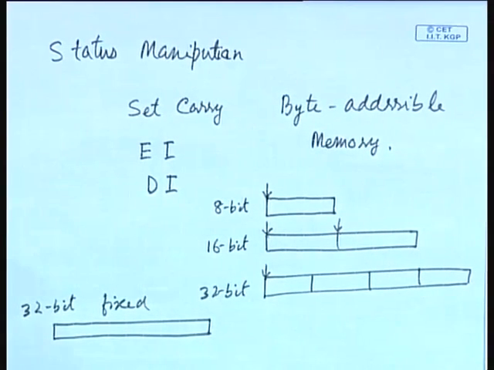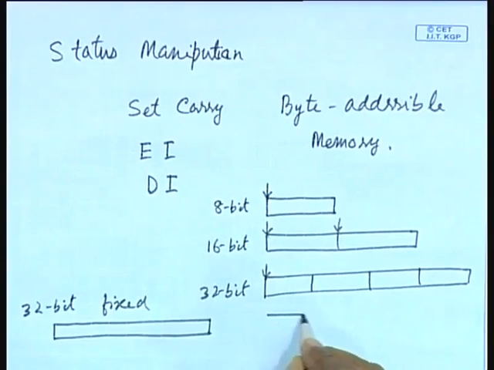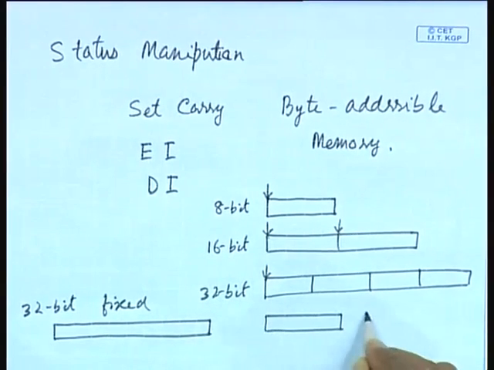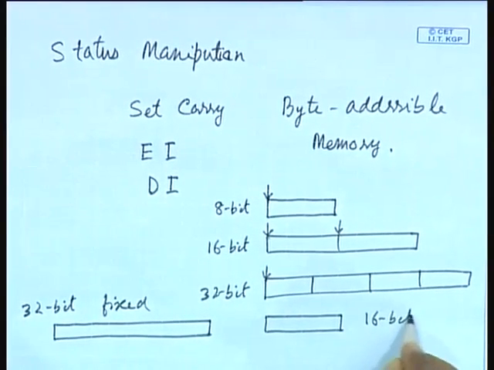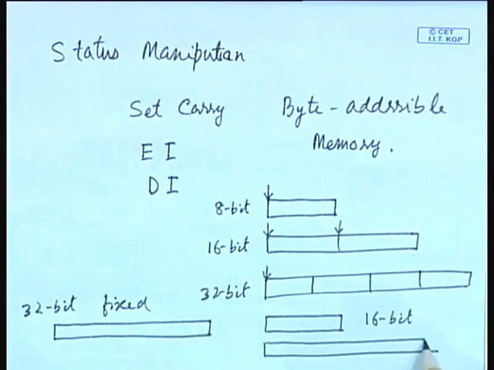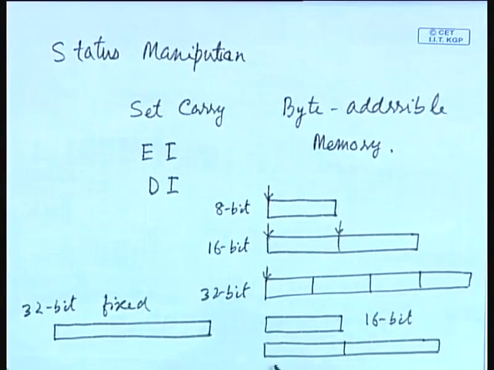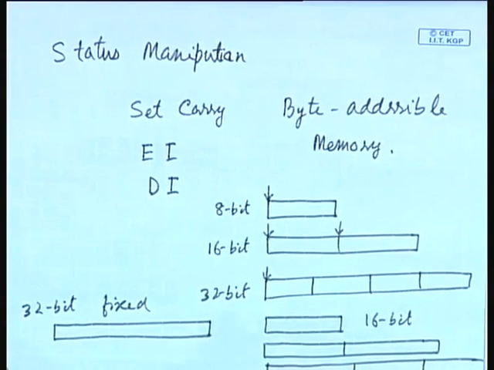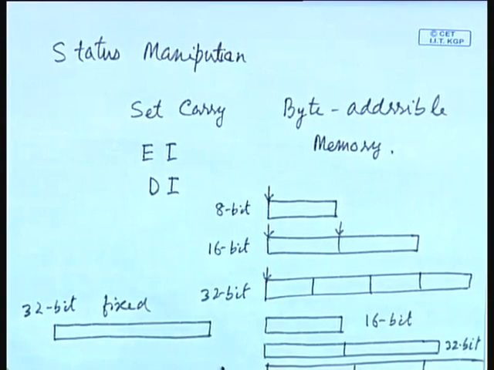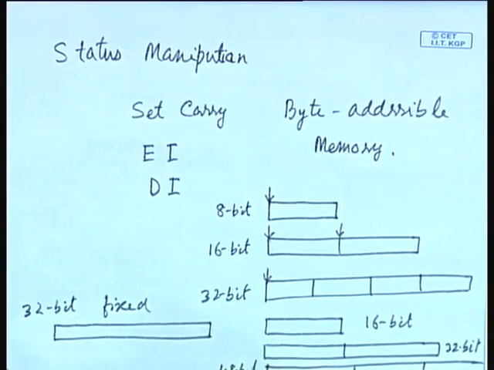Another possibility is that instructions can be multiples of some bytes, say one of 16 bit, another of 32 bit, and a third of 48 bit.